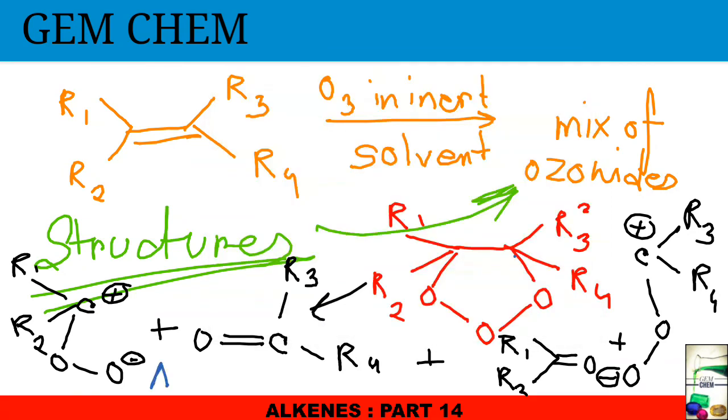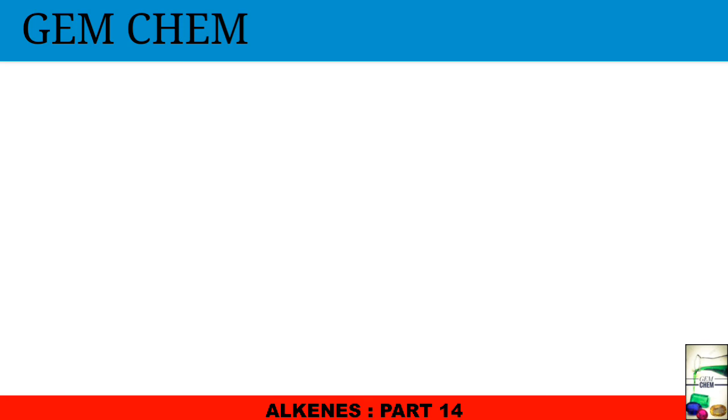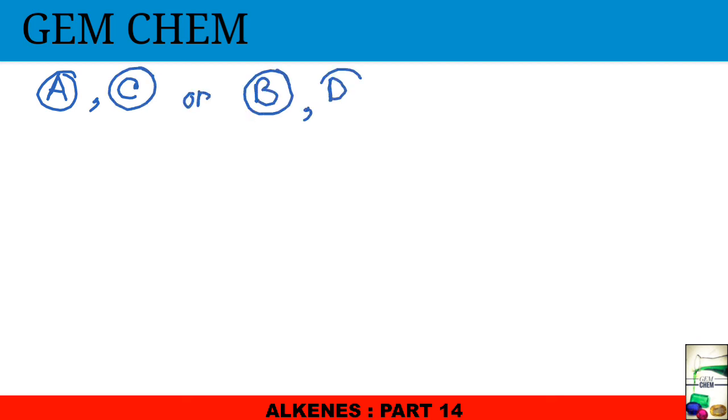So we will take this one A, this one B, this one C and this one D, and their different combinations will give rise to different mole ozonides. So in the next part we will see that if suppose A and C combines or B and D combines, we will get this structure.